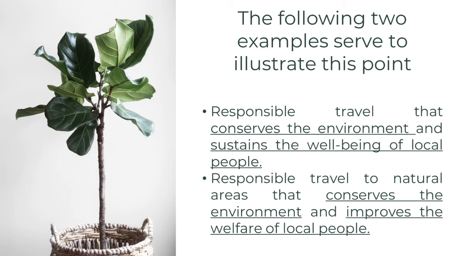So dahil sobrang important nga na ma-conserve natin, na ma-preserve natin yung environment, sobrang importante din, okay, na masustain natin yung pamumuhay ng mga local people within the area. So yun din yung sinasabi sa pangalawa. Okay? So yung sinasabi sa pangalawa is yung conservation ng environment and yung welfare ng local people. Yung well-being and yung welfare. So dapat yun is ma-emphasize natin or bigyan natin ng importance.